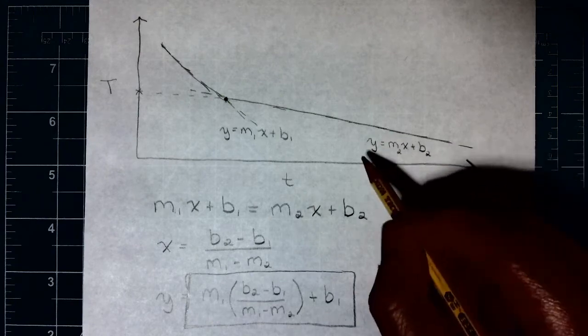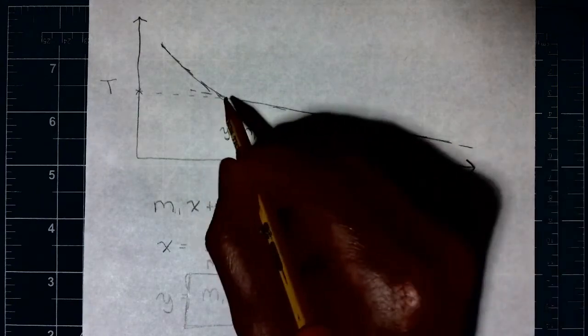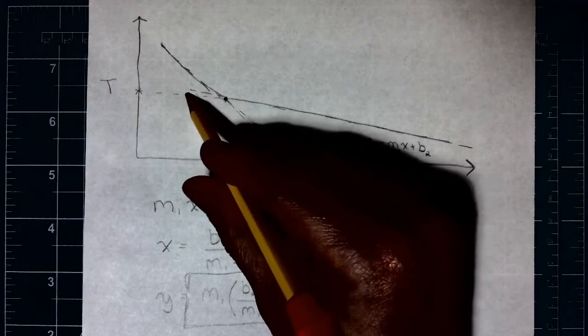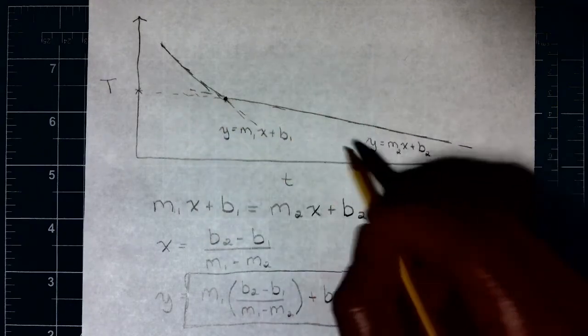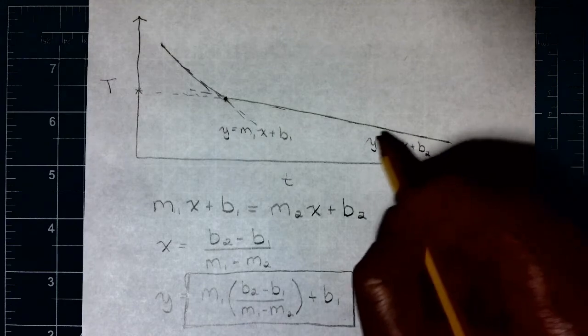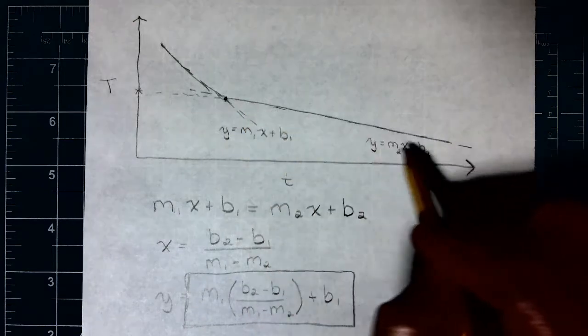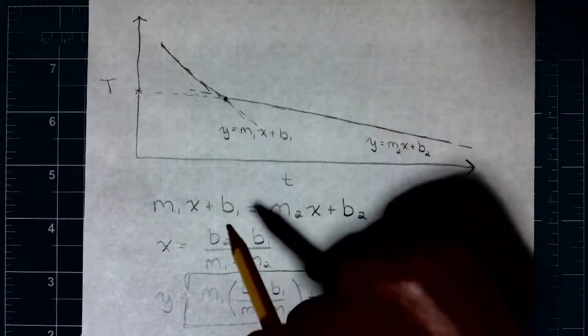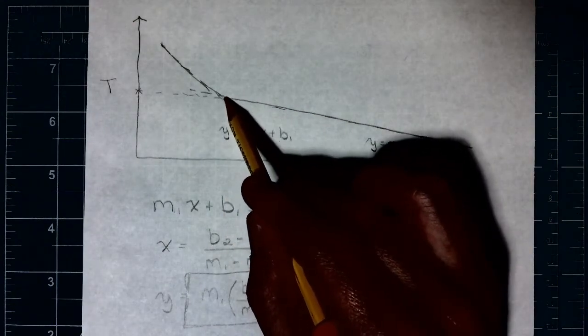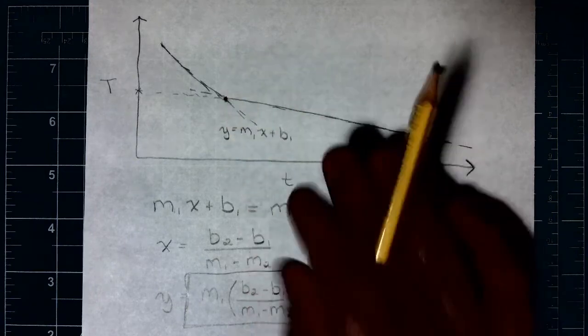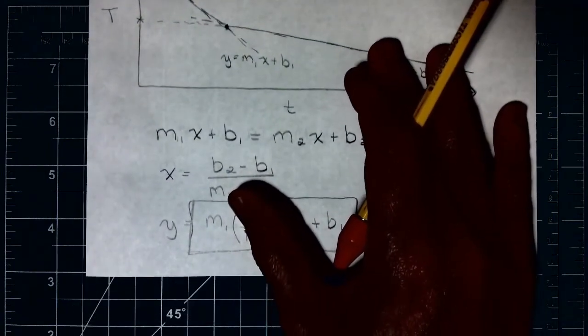And then over here, we're going to have a different line that's going to line up with that and come out here, and that's going to have its own equation, y equals mx plus b. So we have our two different lines, one representing this bit of data and the other one representing this bit of data here. Now we need to figure out where the two lines intersect, and that's just a bit of algebra.